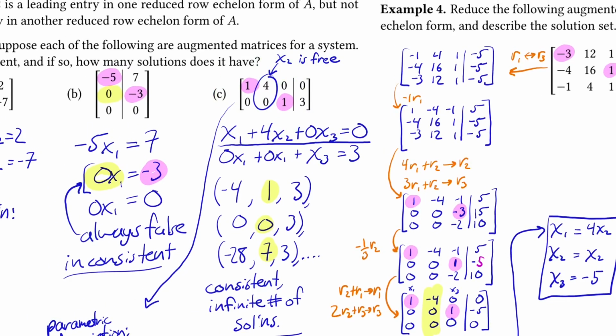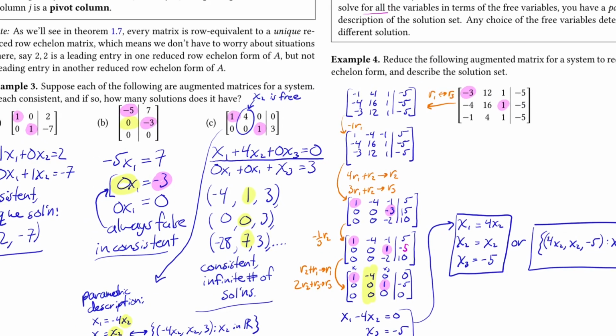Here are some other examples. Part C here is one that, again, has no pivot on the right. Here's one that does have a pivot on the rightmost column, part B. That gives you 0 equals non-zero, and that's why that one was inconsistent.